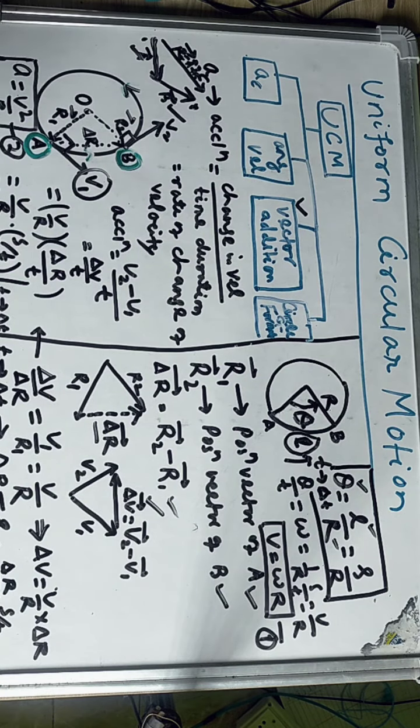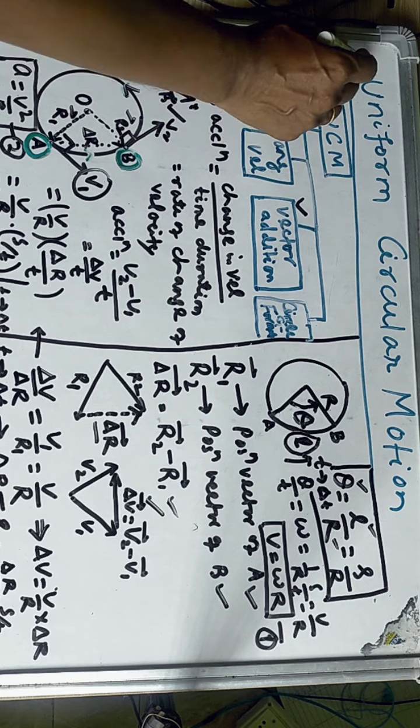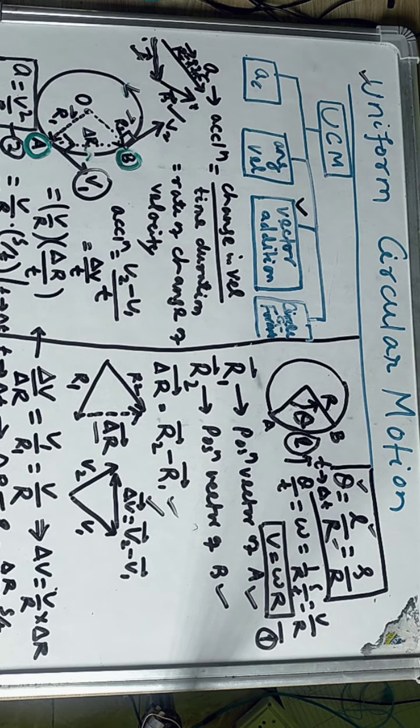Now we'll go to acceleration, because here the velocity has changed for different positions of the object. Though speed is constant, that's why we said it is uniform motion.